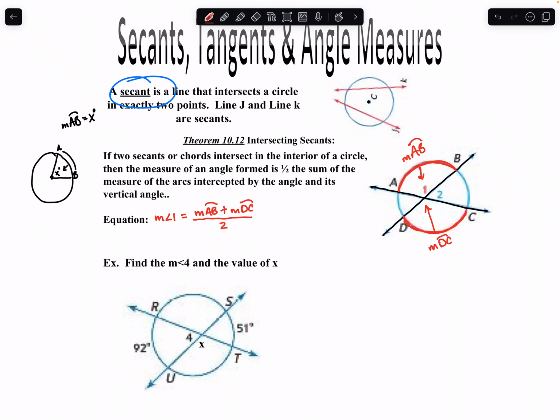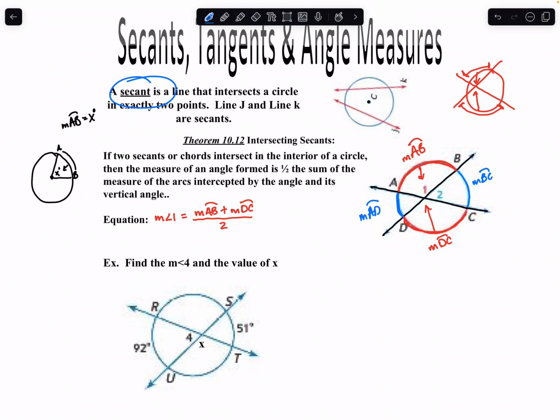This could be located anywhere in the picture, as long as two secants are intersecting inside. Here's an example. As long as they're intersecting somewhere inside, we take the measure of this arc and the measure of this arc, and when we take the average, we'll find the value on the inside. As you can see with the one colored in blue, we have the measure of arc AD and the measure of arc BC.